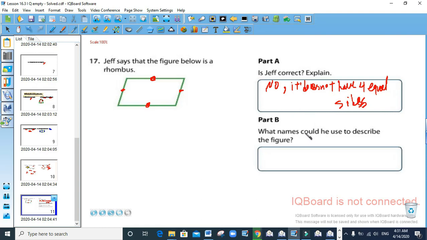What names could be used for this figure? The shape which best describes this figure is, yeah, exactly, a parallelogram. Why is it a parallelogram? Because this one is parallel to this one, and this side is parallel to this side.